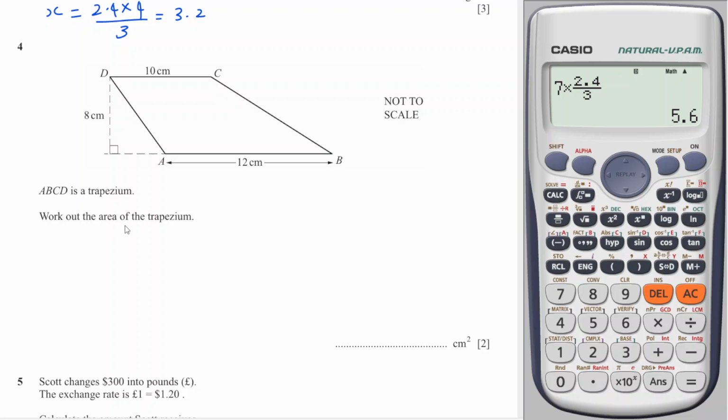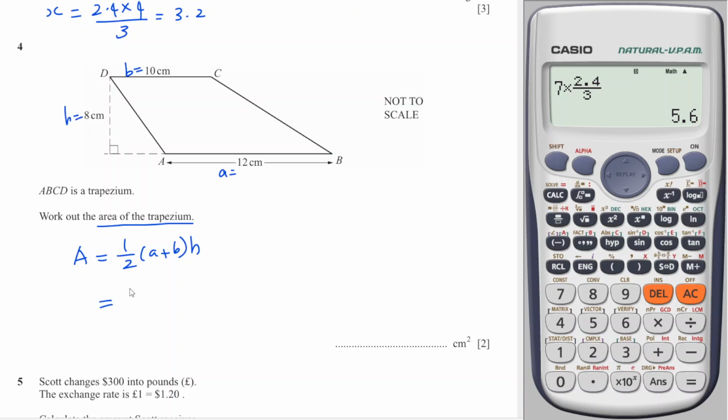Then we need to find the area of a trapezium. We know the area formula for the trapezium: half times (a plus b) times h. a and b are the parallel sides, and h is the perpendicular distance between the parallel sides. So this is our a, this is our b, and this is our h.